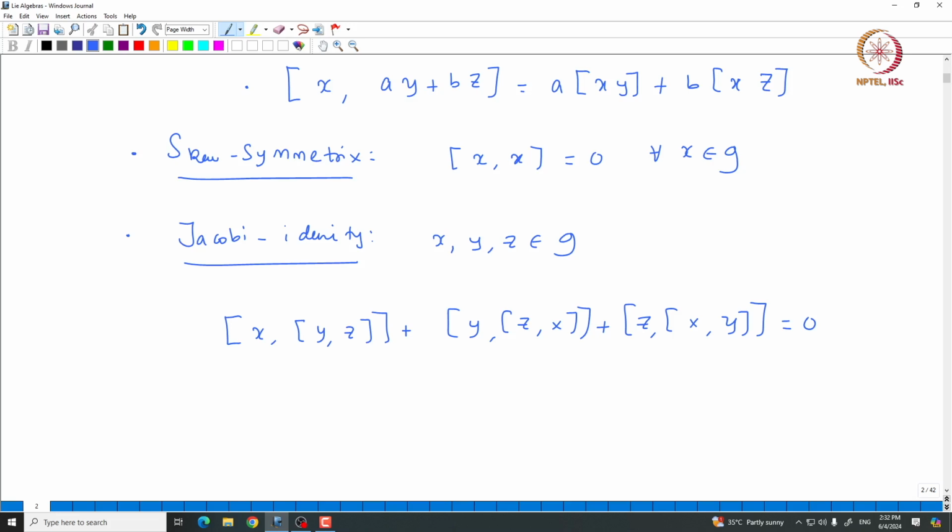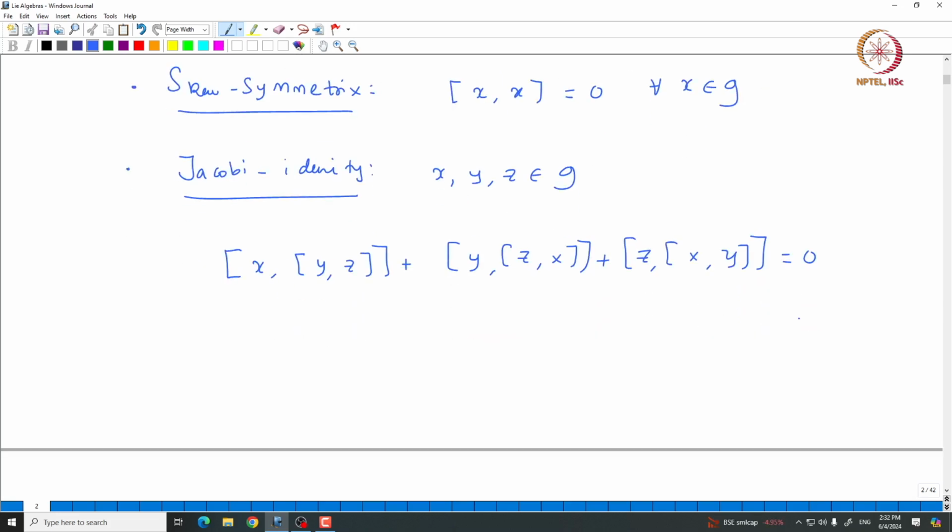One way to remember this: we have taken these three elements x, y, z and cyclically permuted them to get the other terms. The first corresponds to x, y, z, then cyclically permuting gives y, z, x, and then z, x, y. If we add these respective brackets, we should get 0. So that is what the Jacobi identity says.